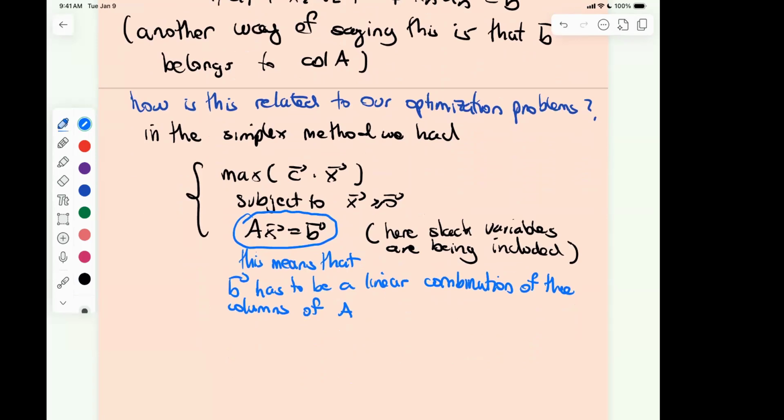So far, does that make sense? But you also wanted the variables to be non-negative, right? And these are the coefficients that appear.